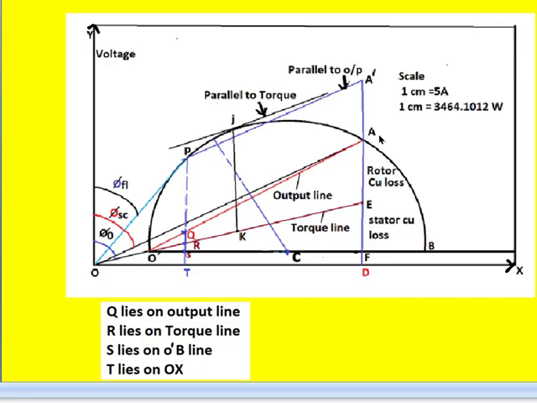Then join O dash and A by a line like this, and this line indicates the output line.